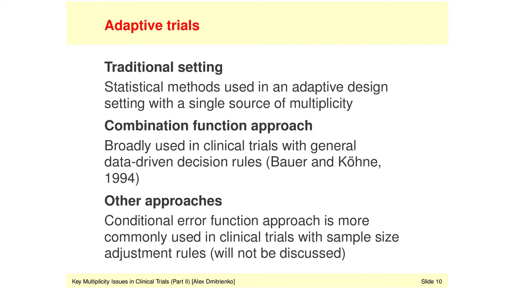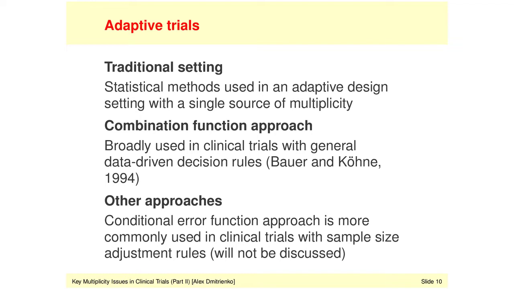This section will help us prepare for defining the general methodology, and we're going to focus first on adaptive designs in a traditional setting, by which I mean that we will consider an adaptive design setting with a single source of multiplicity due to repeated significance testing of the treatment effect at two or more decision points. There will be no other sources of multiplicity.